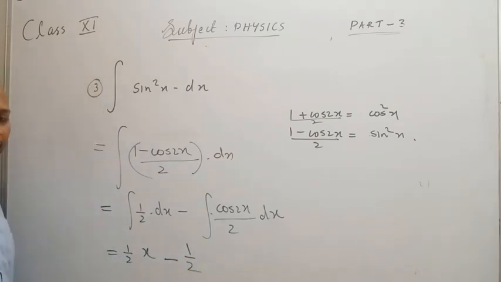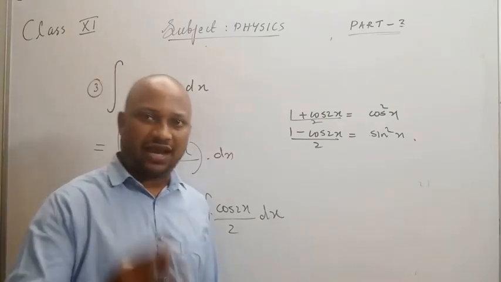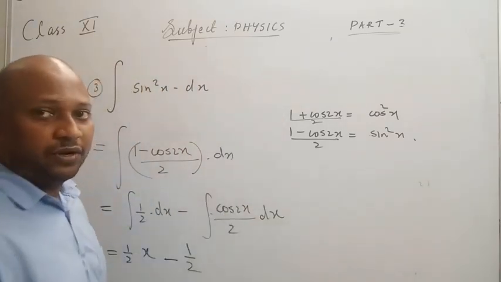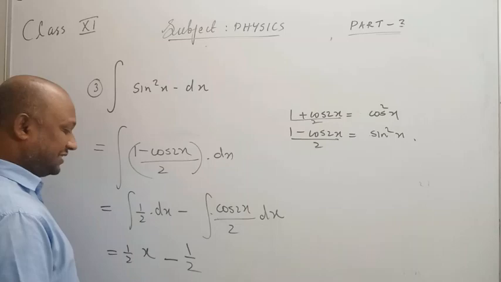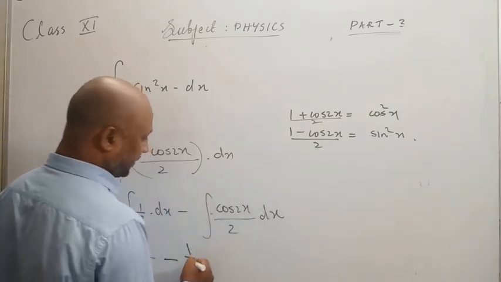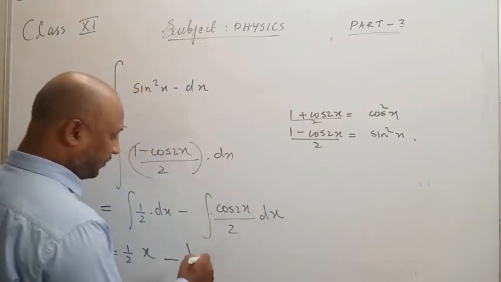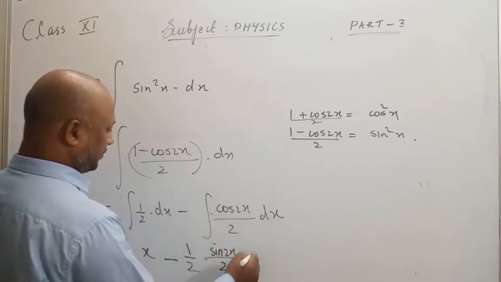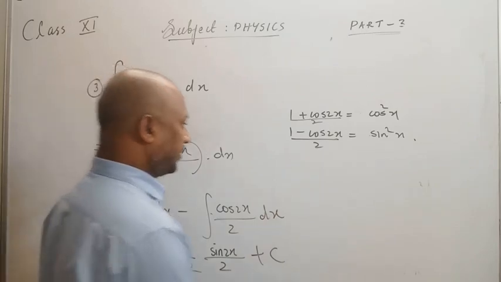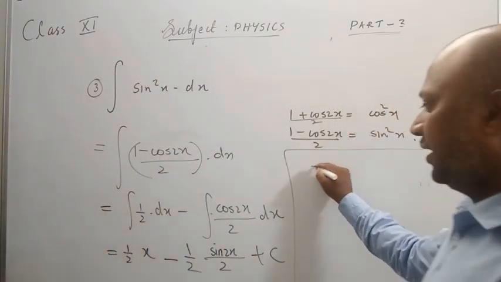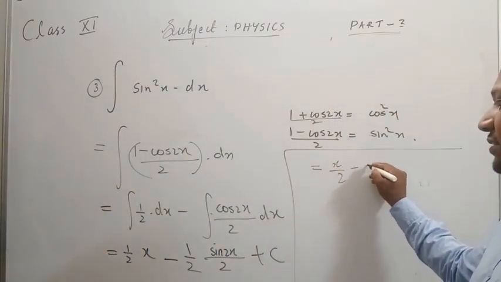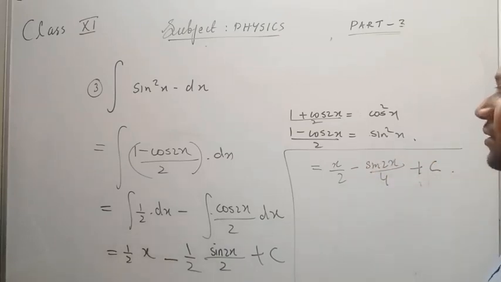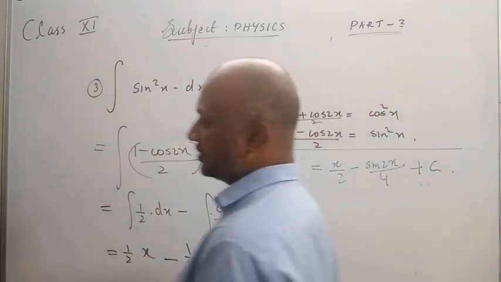I can either go for the formula for cos of ax plus b, which gives sin of ax plus b upon a, or otherwise go for the substitution method, putting 2x as t. But I am directly going by the formula. It is sin 2x upon 2 plus constant. So the final answer you get is x upon 2 minus sin 2x upon 4 plus constant. That will be the answer to this integration.